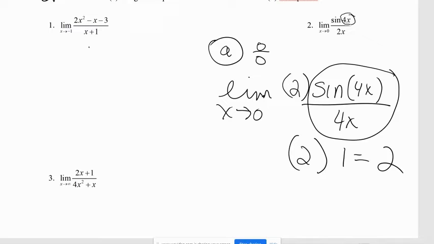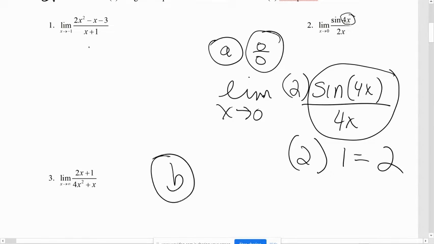Okay, so that's the old method. We already know by 0 divided by 0 that we can do L'Hopital's. So let's do that. So we would have the limit as x approaches 0 of the derivative of sine 4x, which would be cosine 4x. But then we got to chain rule that, so stick a 4 out front.